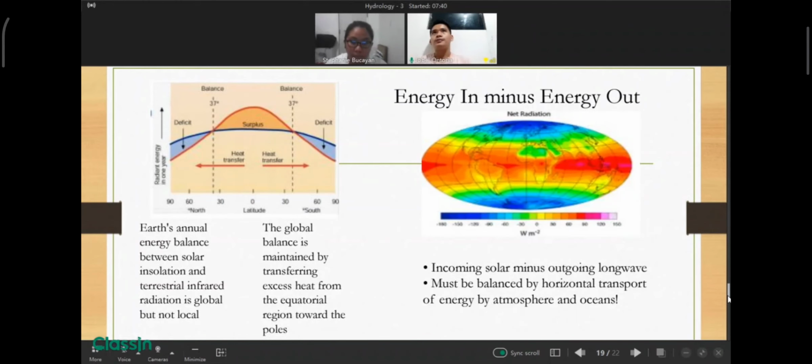Minsan naman dahil sa climate change, nagbabago yung flow ng heat, minsan mas marami ng heat na napupunta sa North Pole and South Pole kaya natutunaw yung mga ice. Kaya yung Earth energy balance, yung heat balance, hindi na nababalance dahil sa climate change and sa mga pollution. Ayan. So next.